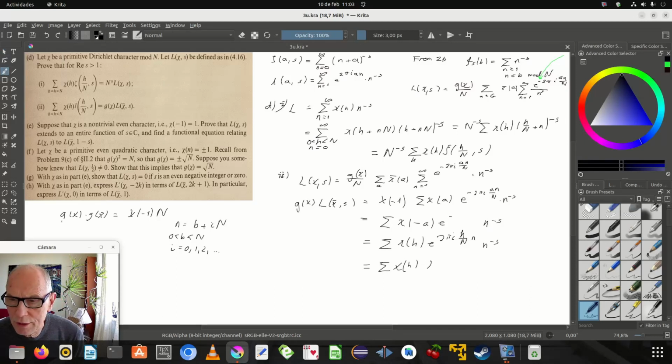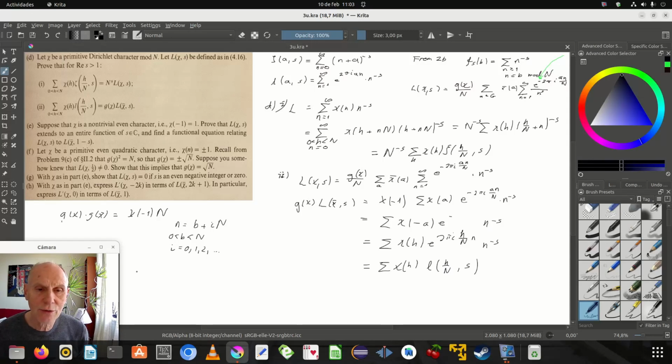So it's just L of h divided by n, comma s. And wasn't that the formula we should prove? That was exactly the formula I should prove. So this was really simple, but it's difficult to do while recording, of course.